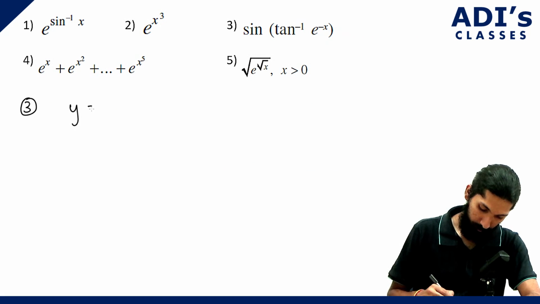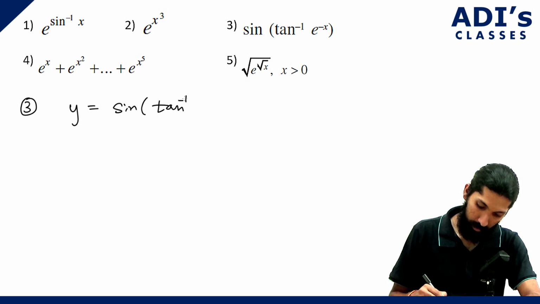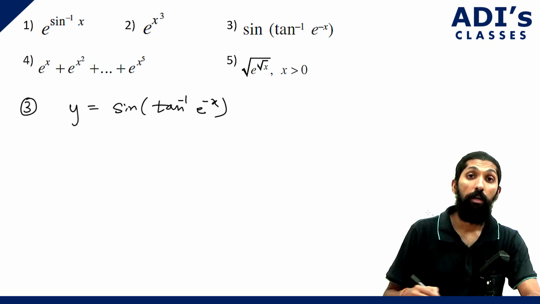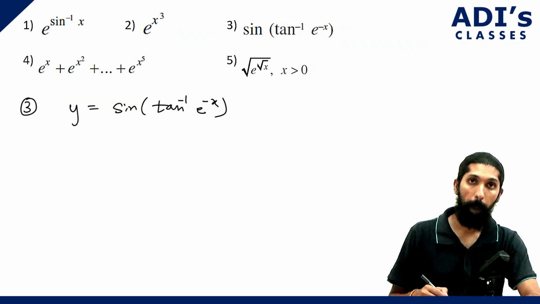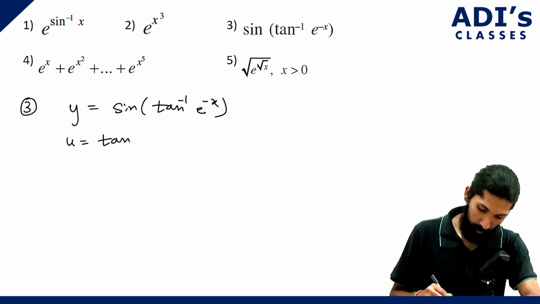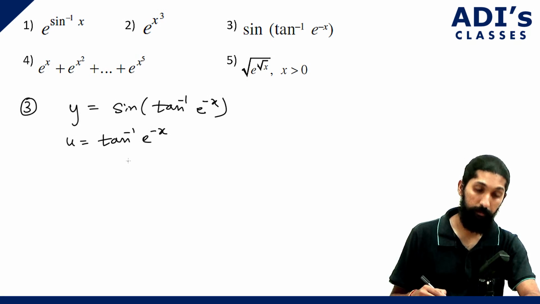y is equal to sine of tan inverse e power minus x. Right. So the inside part will start. Say u is equal to tan inverse of e power minus x. First part.